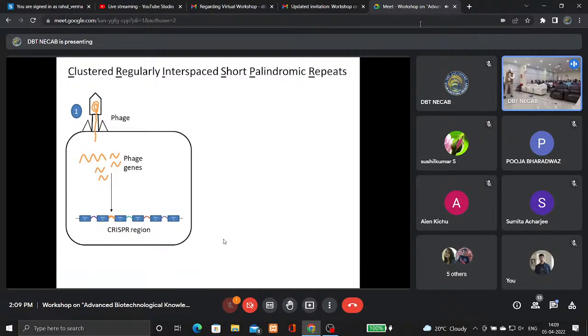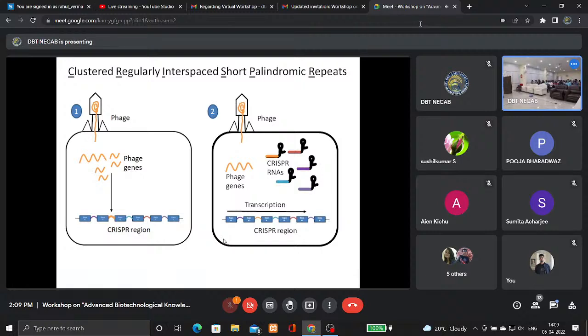Then the bacteria copy some of the phage genes into their own CRISPR locus. This CRISPR locus is present within the bacteria. Suppose virus number one has attacked; the bacteria copy a piece of that phage. Whenever another bacteriophage attacks, it will again copy another gene from that bacteriophage.